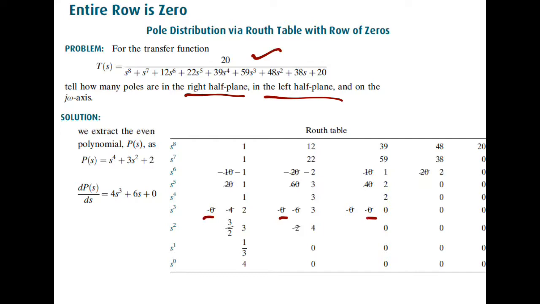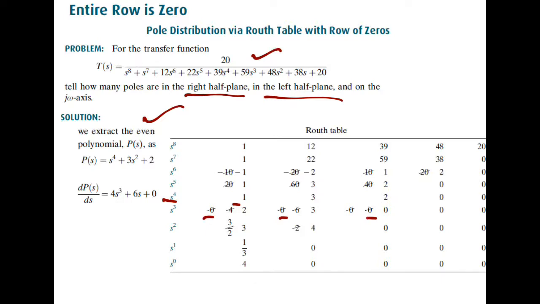As we have discussed already, the row above the 0 row is the even polynomial of that function. So the even polynomial can be extracted from this S4 row, that is 1 into S4, 3 into S square plus 2.